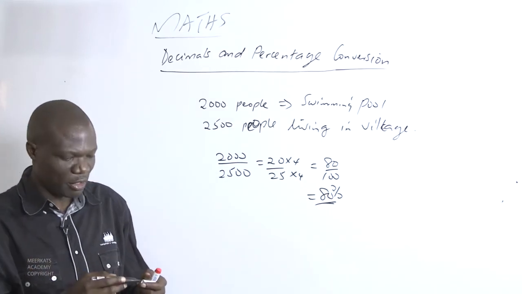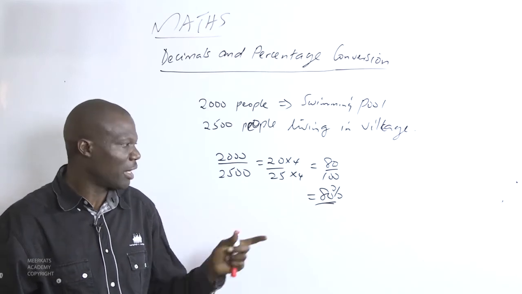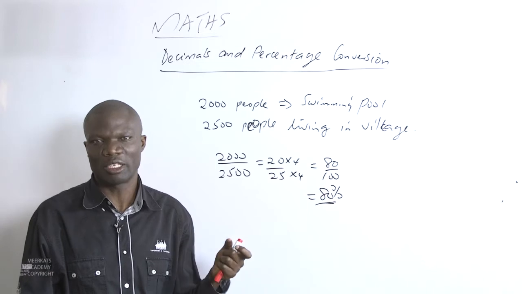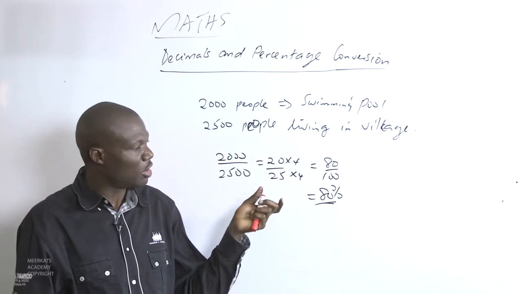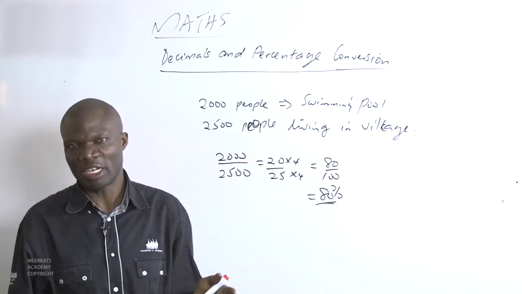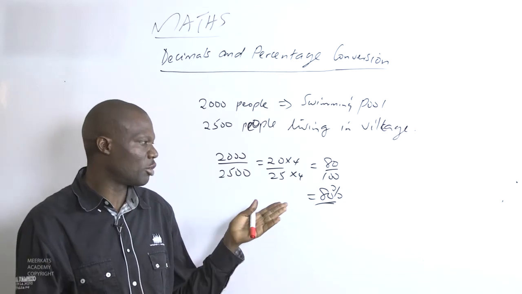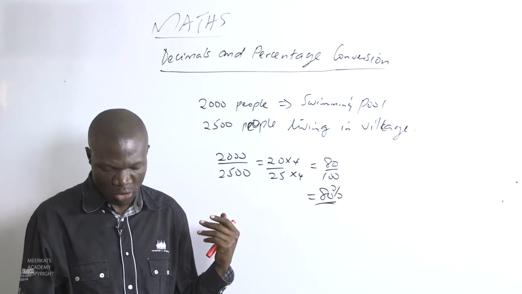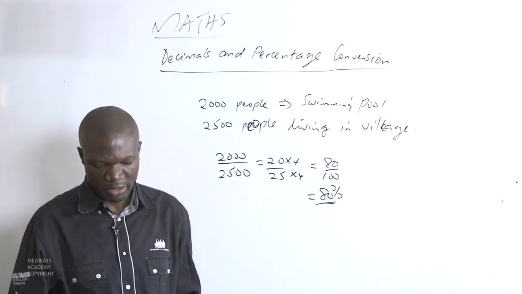So we can comfortably say that 80% of the people in that village require a swimming pool. The percentage tells us whether the population is on the higher side or the lower side.